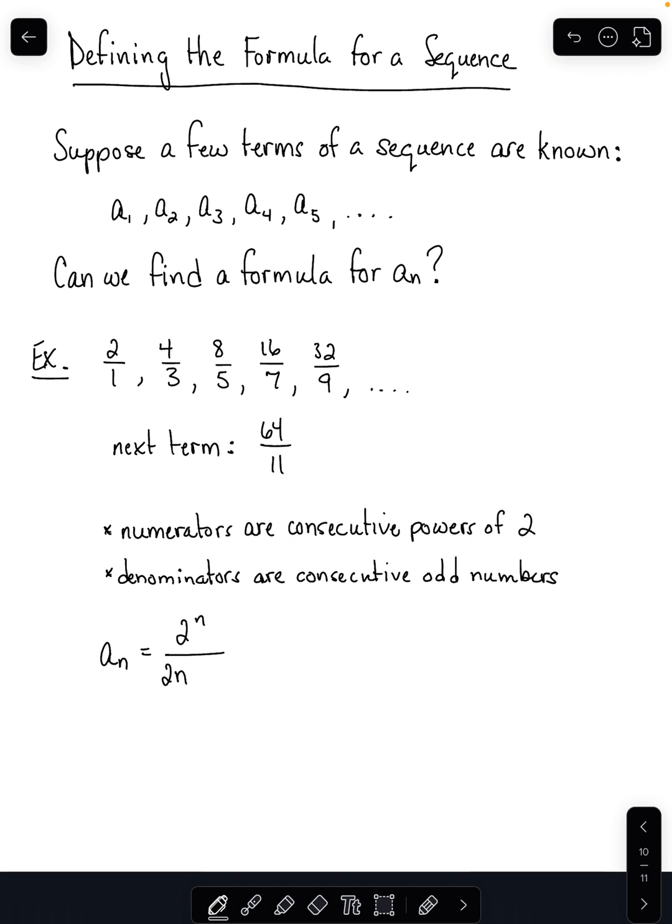Of course, for the first term, 2 times 1 would be 2, not 1. And for the second term, 2 times 2 would be 4, not 3. And then 2 times 3 would be 6, not 5. So we can fix that by subtracting 1 from 2 times n. So 2 times n minus 1 would give us the odd numbers that are in the denominators. And this is the nth term of our sequence.